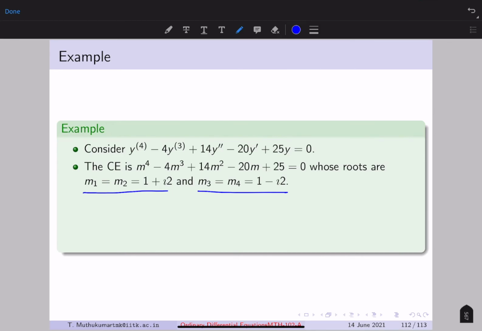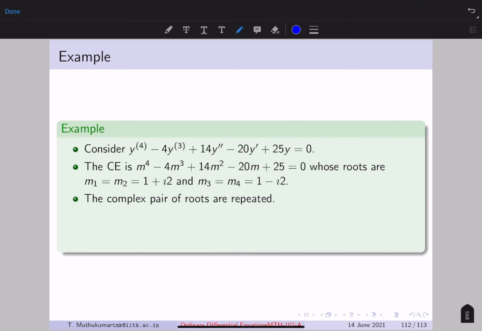There are 2 pairs of complex roots: 1 plus or minus 2i, but there are 2 roots of 1 plus 2i and 2 roots of 1 minus 2i. Okay, so there are repeated roots.